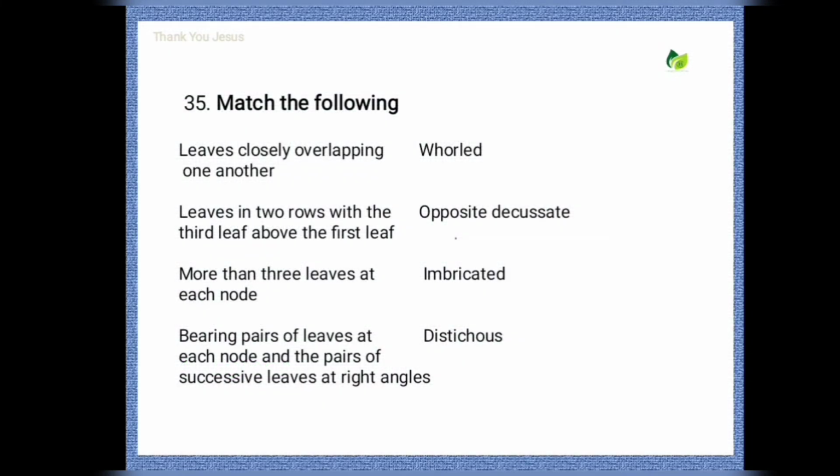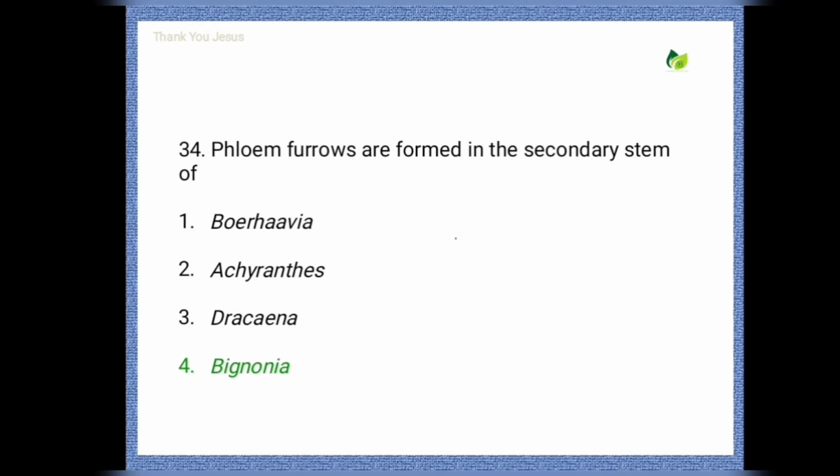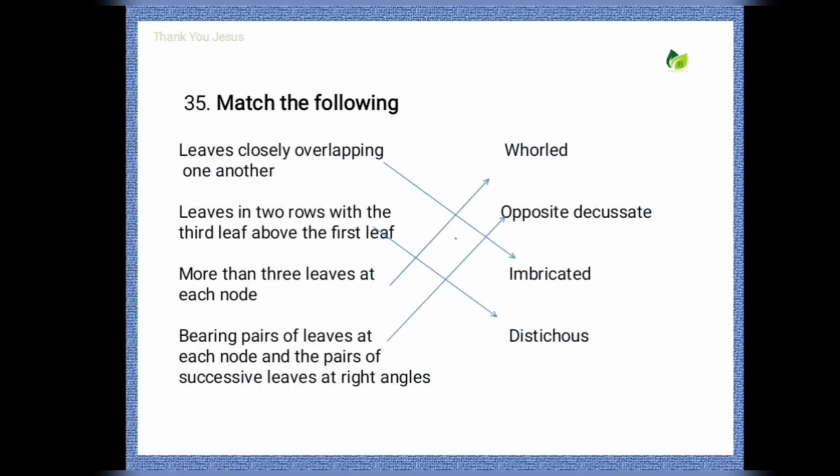Next question. Here we have to match the phyllotaxy types. Okay. So let's see the matching directly. Leaves closely overlapping one another, the type of phyllotaxy is called imbricate. Leaves in 2 rows with the third leaf above the first leaf, that is referred to as distichous.